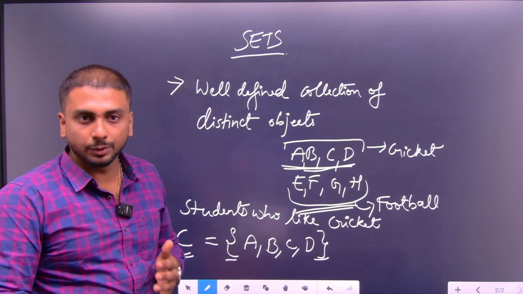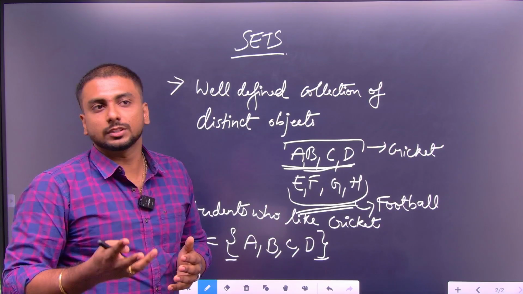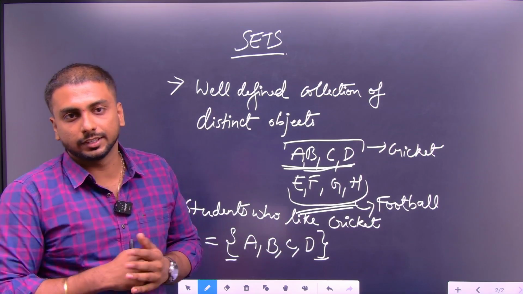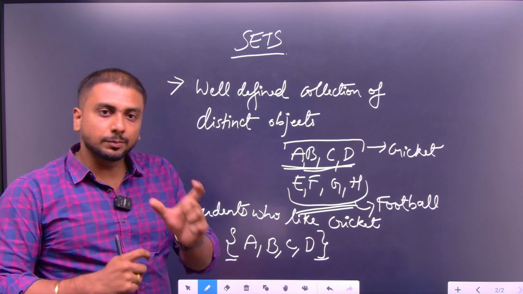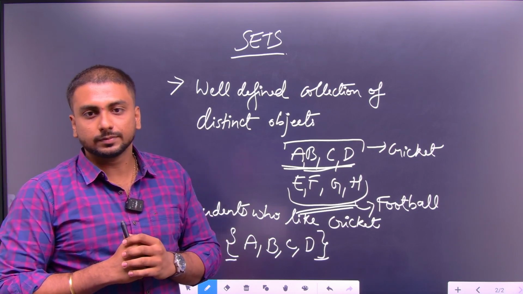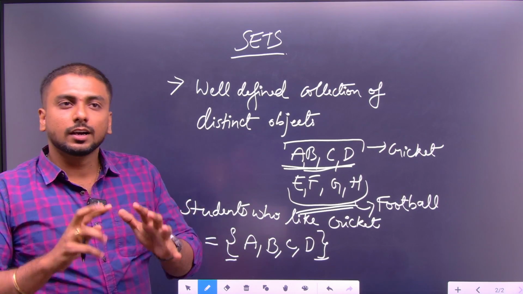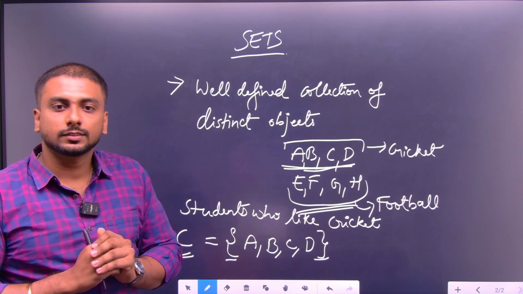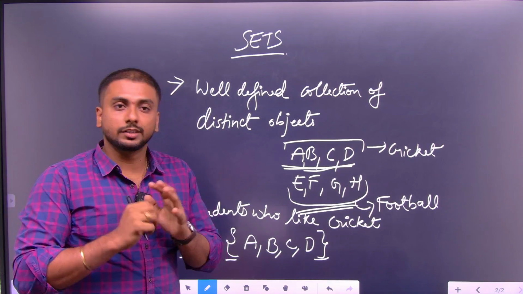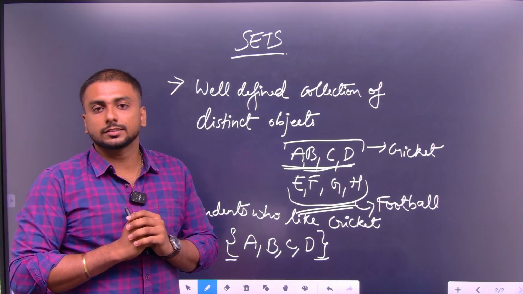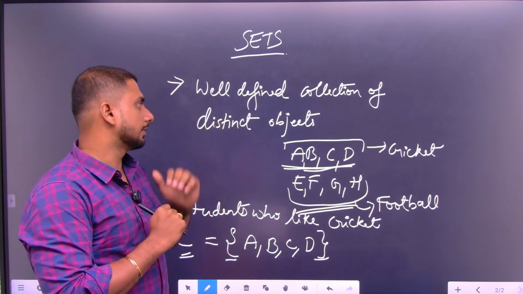I say roses are beautiful, and you might say roses are not beautiful in your consideration. So the element of beauty becomes subjective. That makes it not a well defined collection, and that cannot be considered a set.